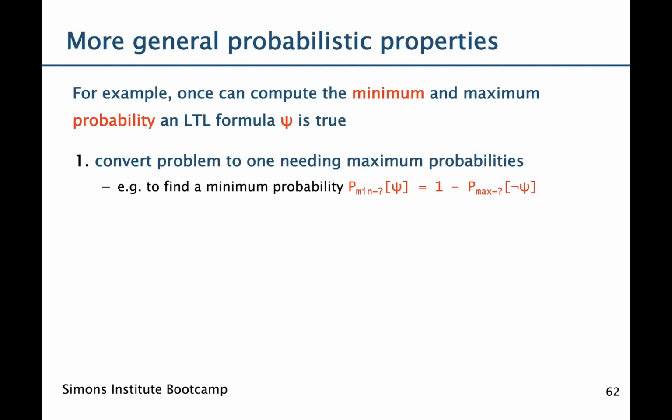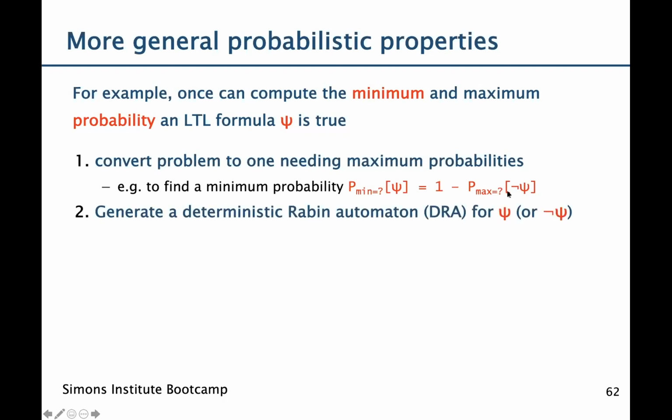We can do this by using the fact that the minimum probability of satisfying some LTL property psi is equal to 1 minus the maximum probability of satisfying the negation of psi. And then, similarly to DTMCs, we need to generate a deterministic Rabin automaton for psi, or for not psi if we were interested in minimum probabilities.